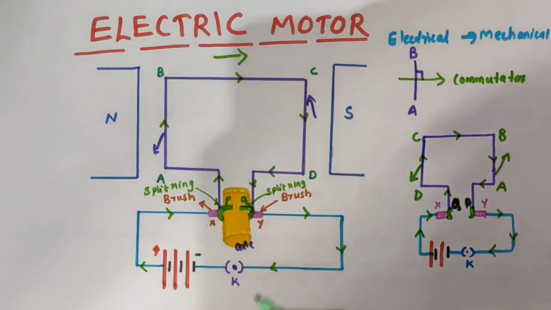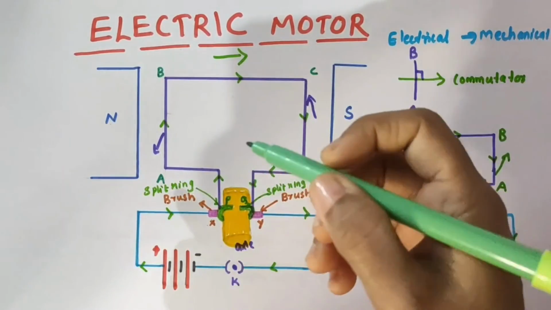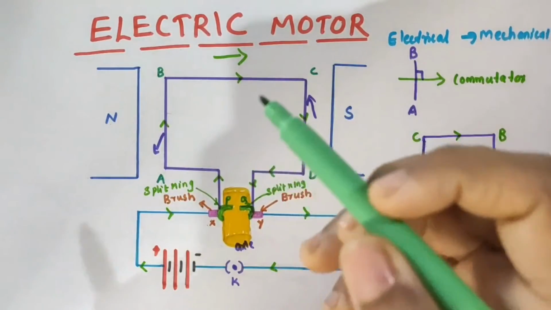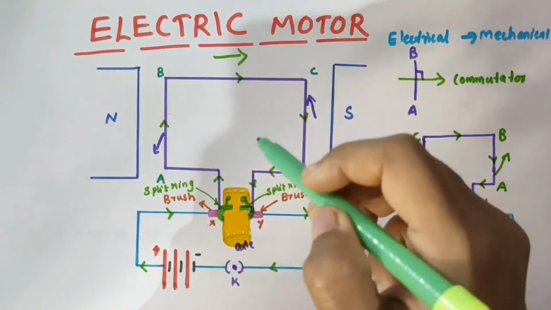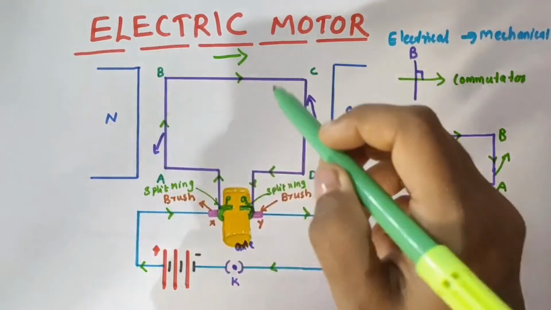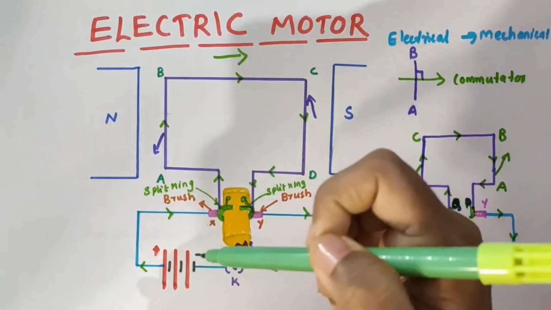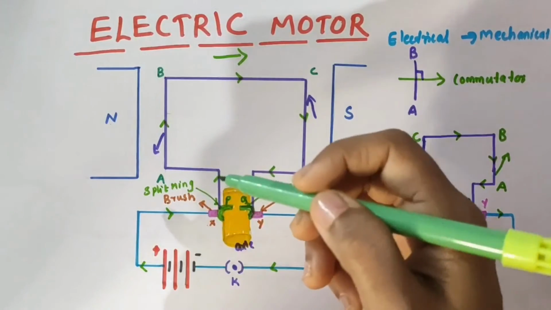Now, this is a very simple single wire. In commercial motors, electromagnets are used in its place. The number of turns in the current carrying coil is very large, the north and south poles are also electromagnets, and lots of turns will produce a big rotation effect.